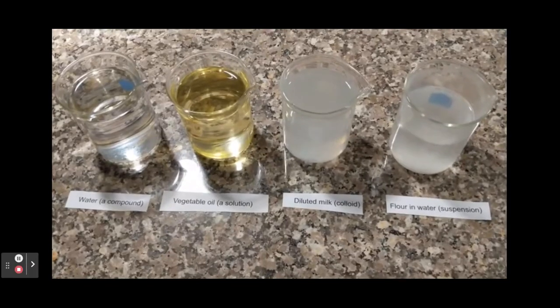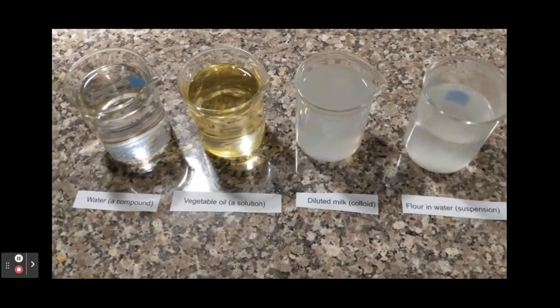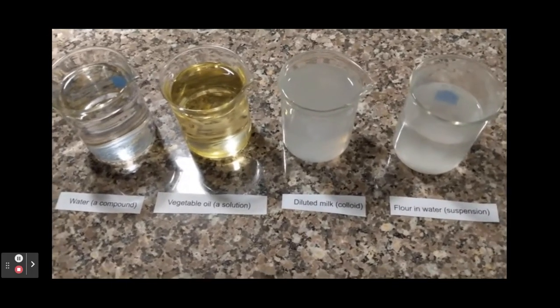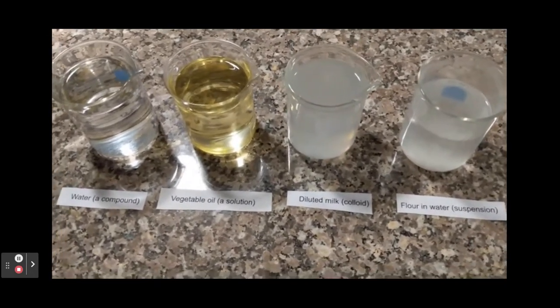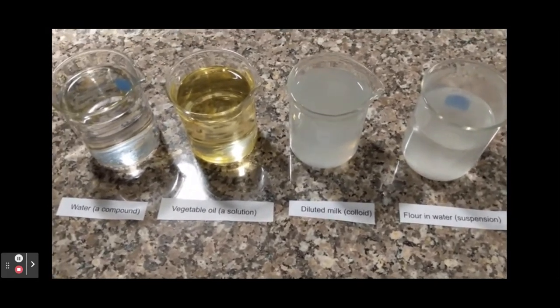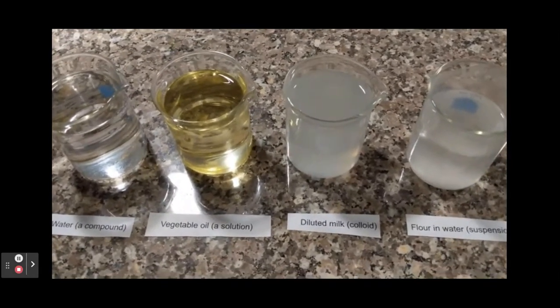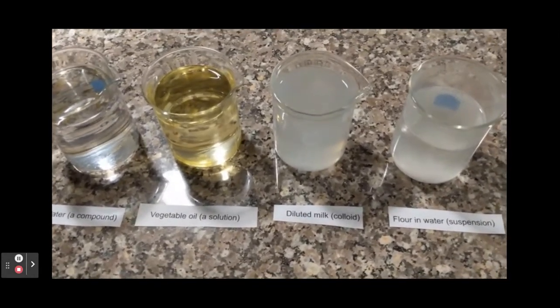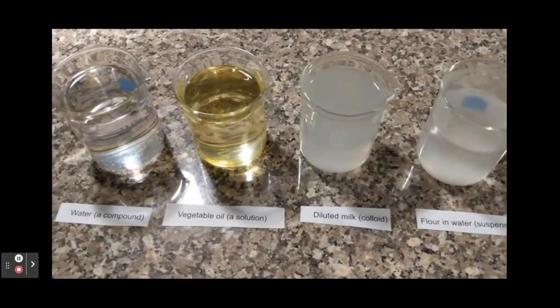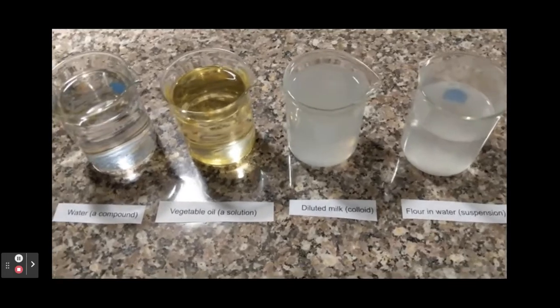The Tyndall effect is a phenomenon where light scatters through a heterogeneous mixture like a colloid or a very fine suspension, but it doesn't scatter through a homogeneous mixture like a solution. This happens because the larger particles in a colloid or suspension scatter and reflect light, so the light is bouncing different ways, causing the beam to be big enough that it's actually visible to the naked eye.